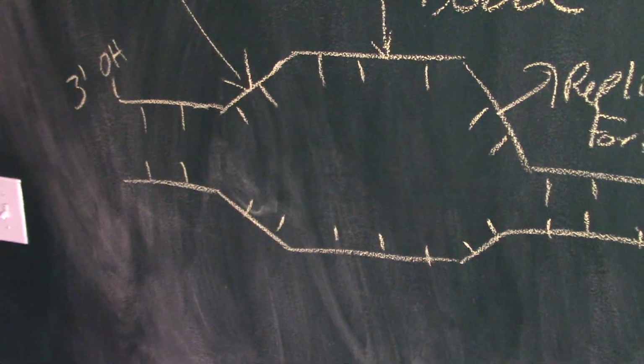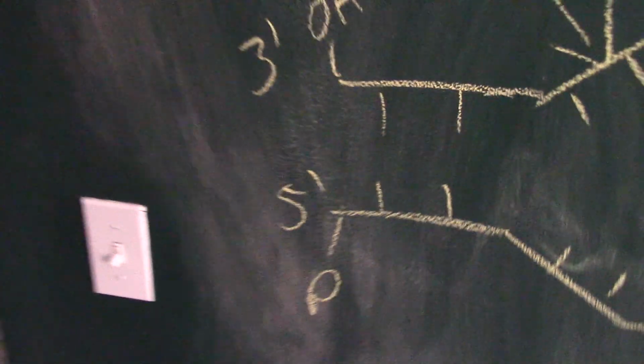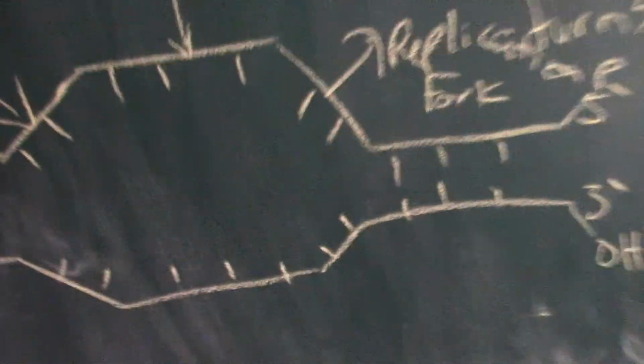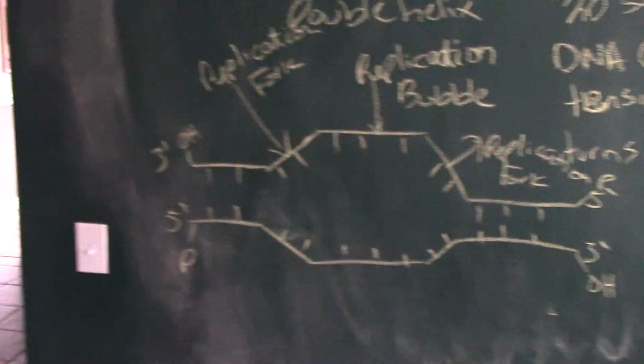And one end has the hydroxide end oriented in one direction, right? So the hydroxide end here, and the phosphate head is oriented in that direction. So you'll have a 3' to 5' end and a 5' to 3' end, okay? So this one will have the phosphate heads right side up, and this side will have the hydroxide ends upside down.